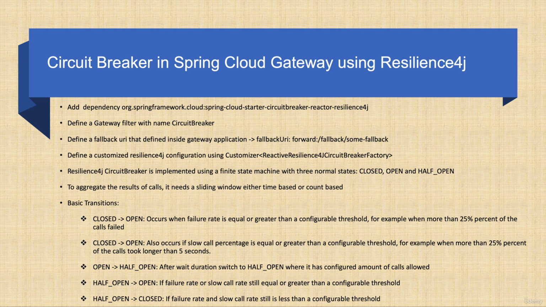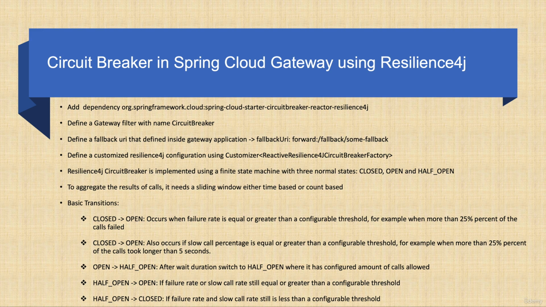Here are the basic transitions on the state machine. Closed to open occurs when the failure rate is equal to or greater than the configurable threshold. For example, when more than 25% of the calls failed. Closed to open transition can also occur if the slow call percentage is equal to or greater than a configurable threshold. For example, when more than 25% of the calls took longer than 5 seconds.